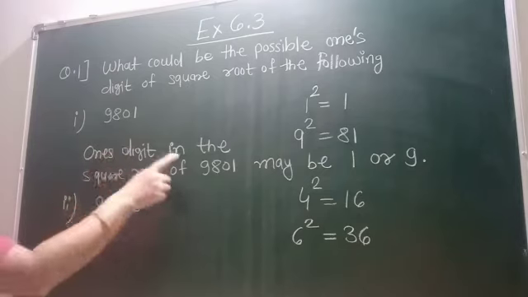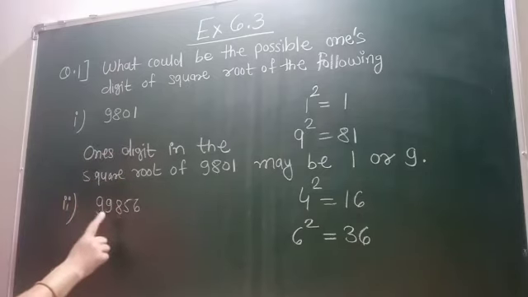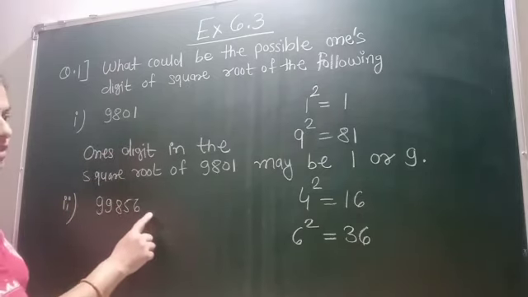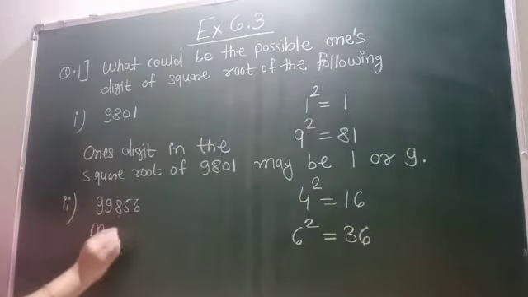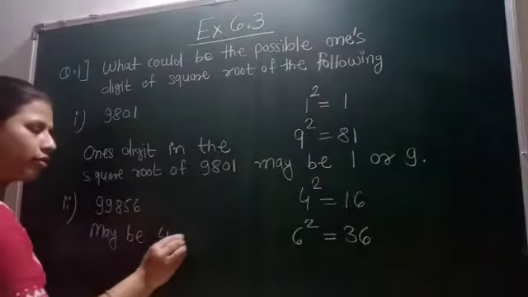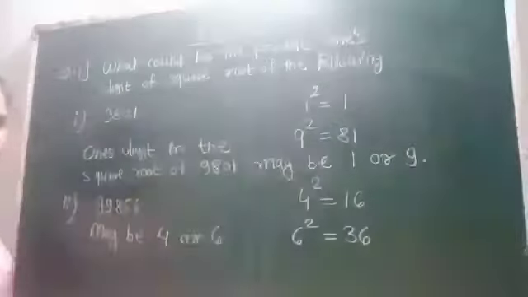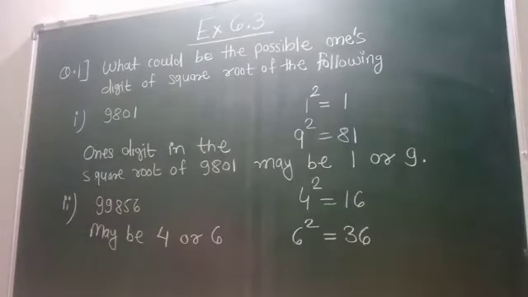So the ones digit in the square root of 99,856 may be 4 or 6. Similarly, you can simplify the third and fourth also.